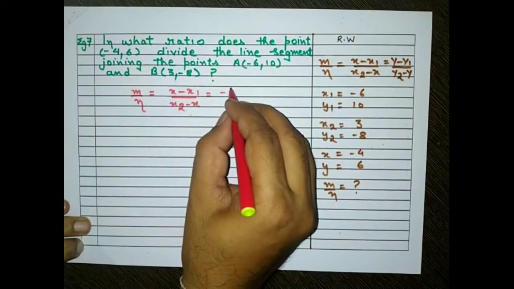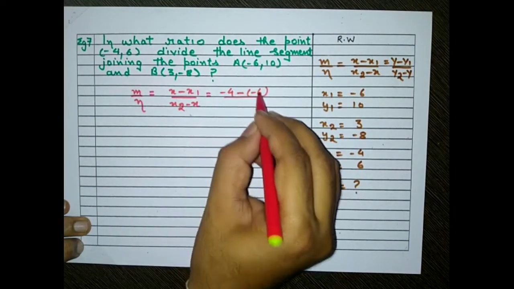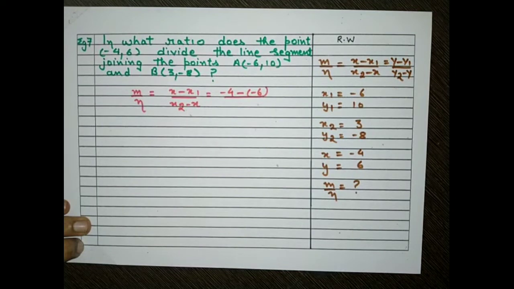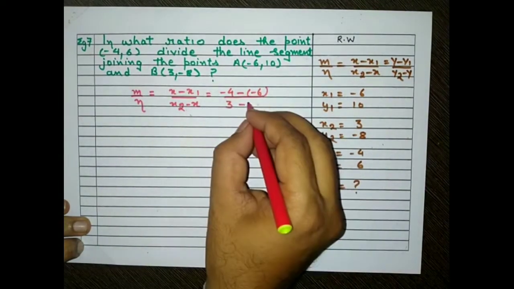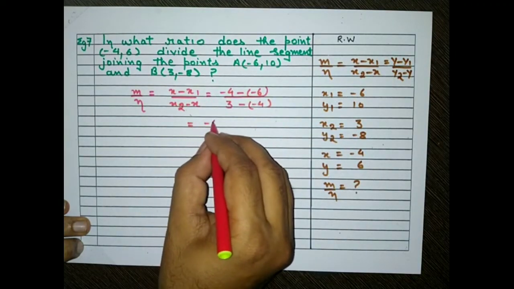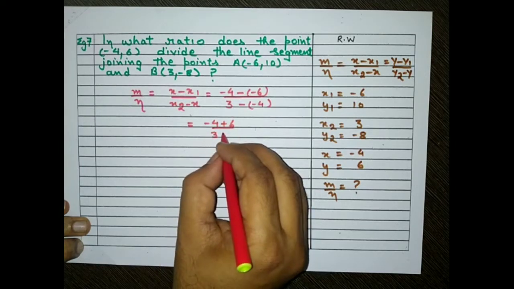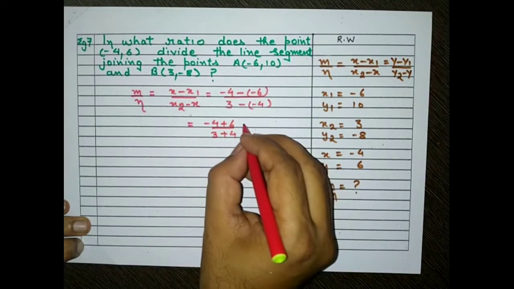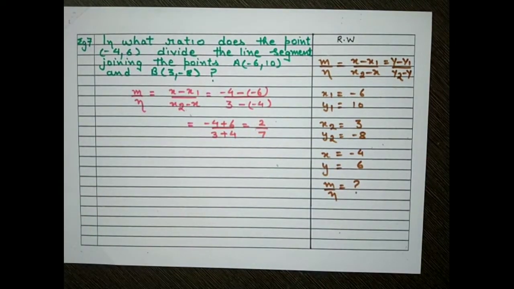So if I put the value of x as -4, x1 is -6, x2 is 3 and x is -4 in this expression, I come to a point where m by n is equal to (-4 + 6) over (3 + 4), which is equal to 2 by 7. So I can say the ratio in which the line gets divided is 2:7.